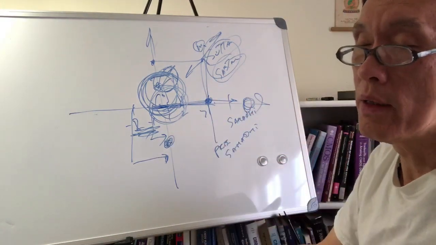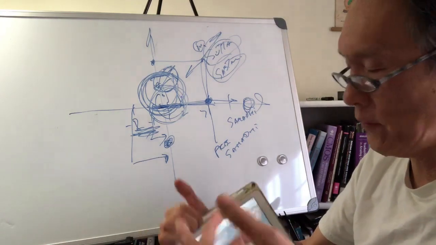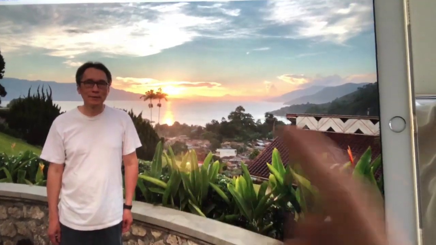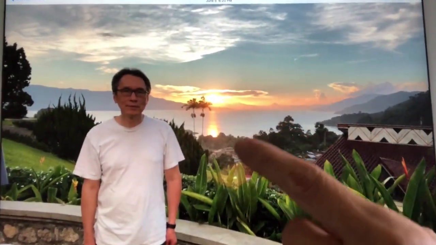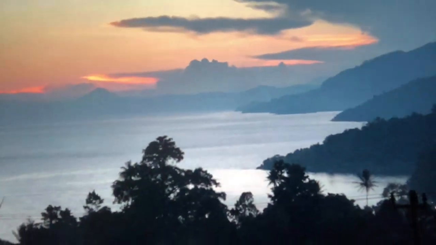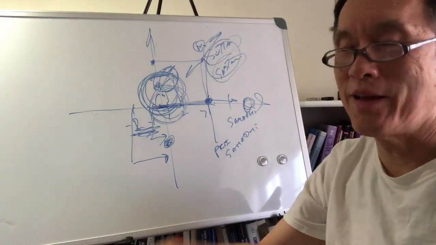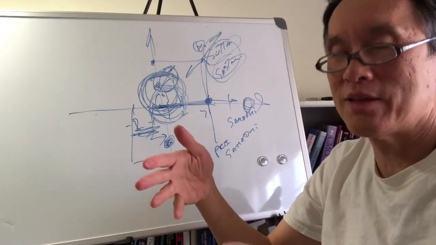Now that is very different from if we go visit Lake Toba, like me here, go to a nice place, you see the sunset, and then sit down there watching. This is very different from that. That is going sightseeing for the scenery.